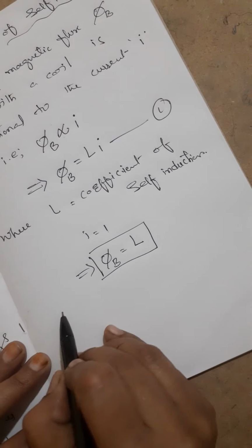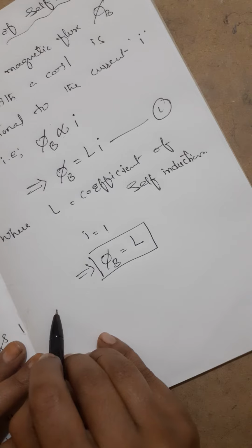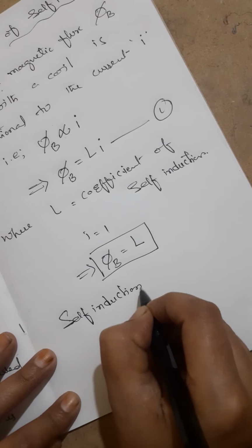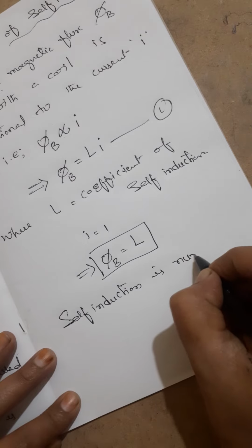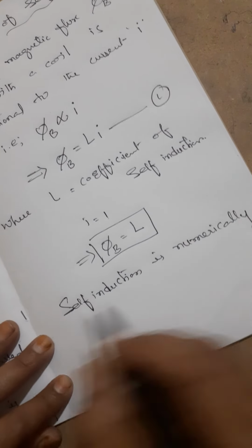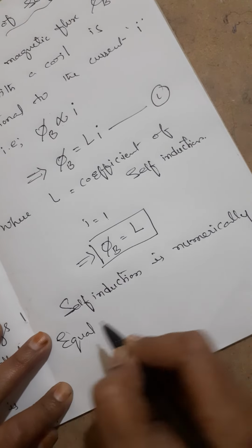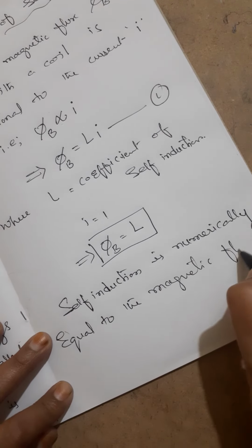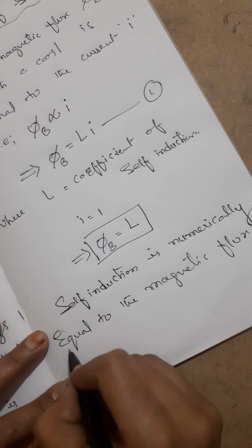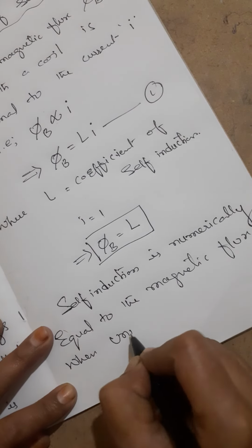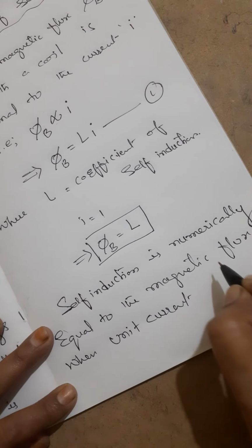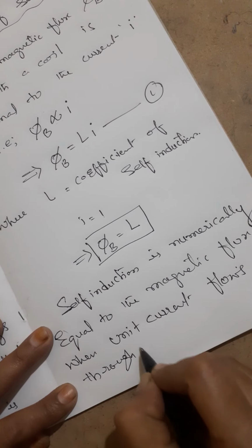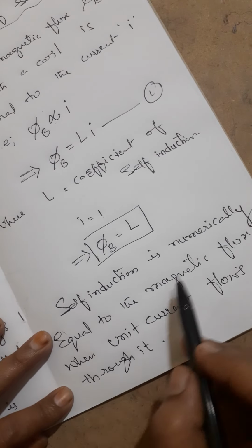By this we can write the definition of self-inductance: self-induction is numerically equal to the magnetic flux when unit current flows through it. So this is the first definition for self-induction.